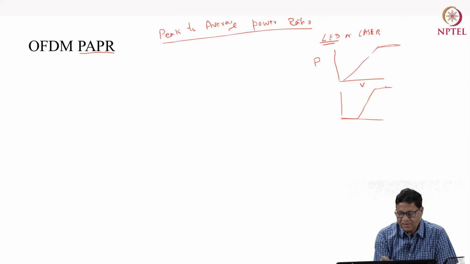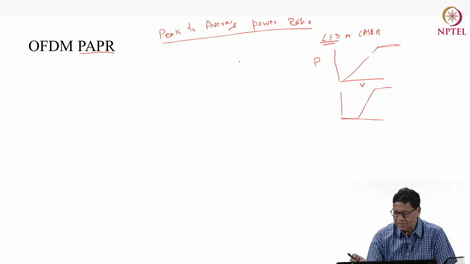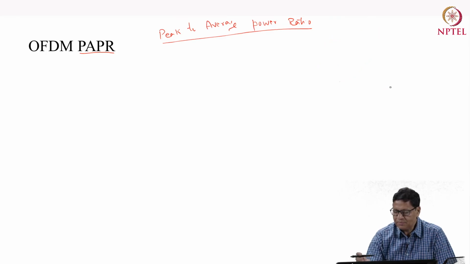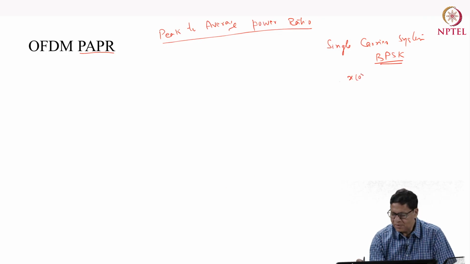Before that, let us understand for a single carrier, what is PAPR. That will explain the definition of PAPR. So for example, for a single carrier system, say I am using BPSK, then the data will be x0, x1, x2, and so on, up to xn.